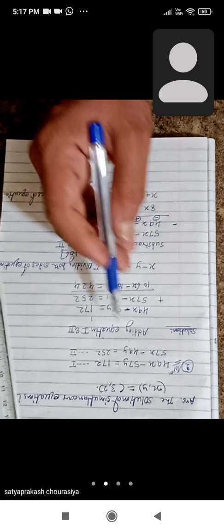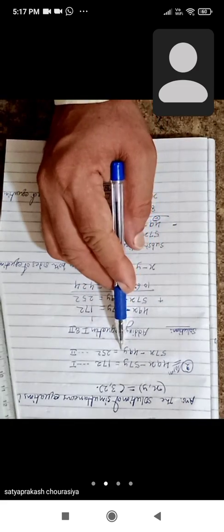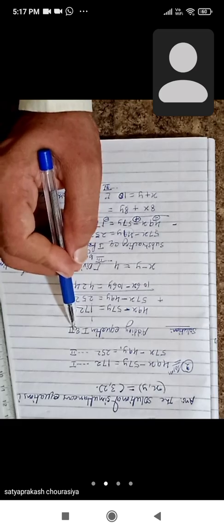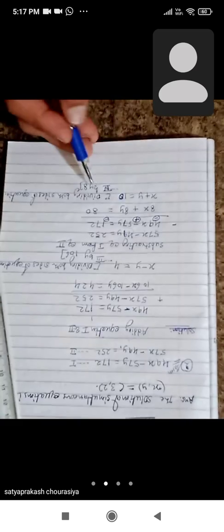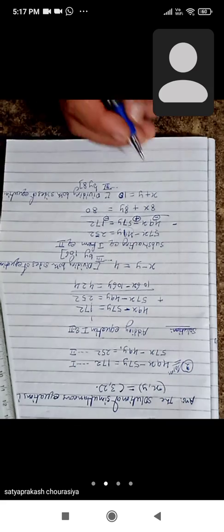Remember, whenever there is an exchange of coefficients, then you have to add in the first step, in the second step you have to subtract, and in the third step again you have to add. Now adding equations number 3 and 4, I will write adding equations third and fourth.